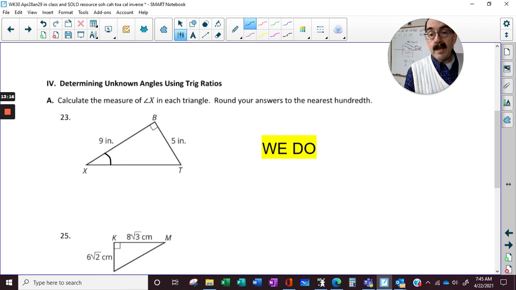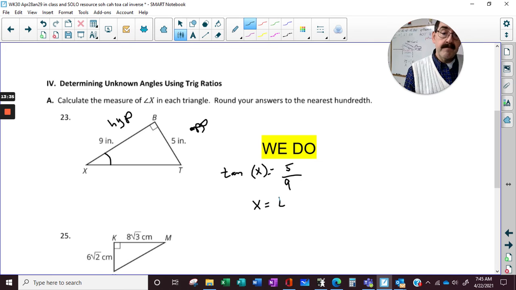Okay? The angle measure given a situation. So we got the OPP over the ADJ. So the tangent of x is equal to 5/9. Inverse tan of 5/9.